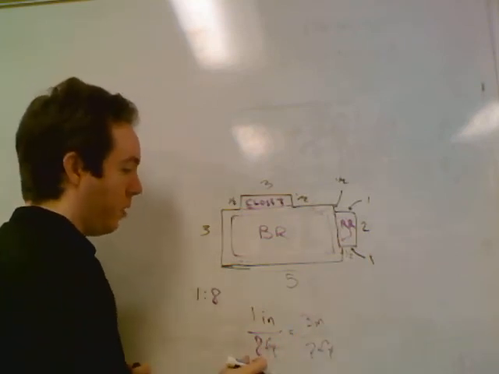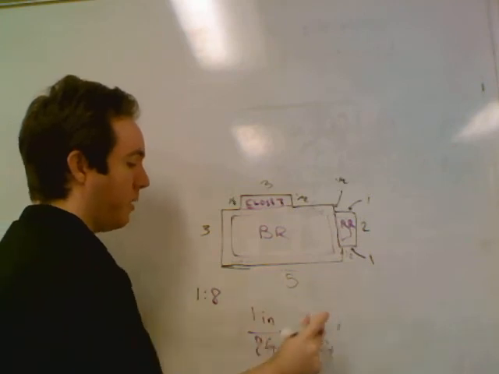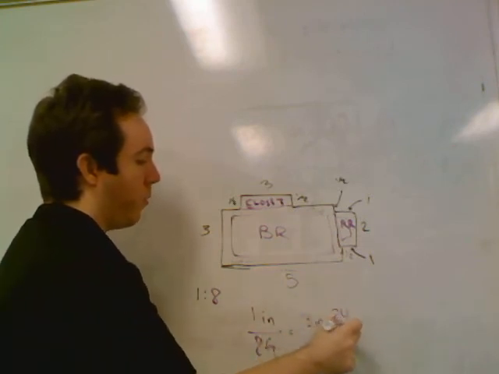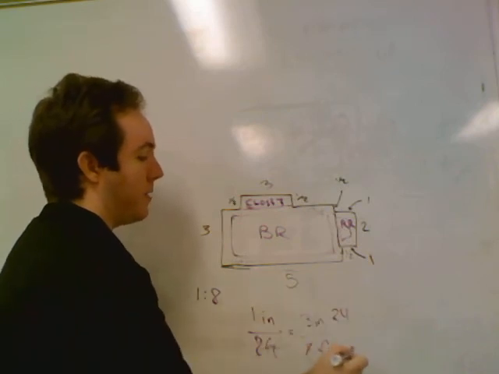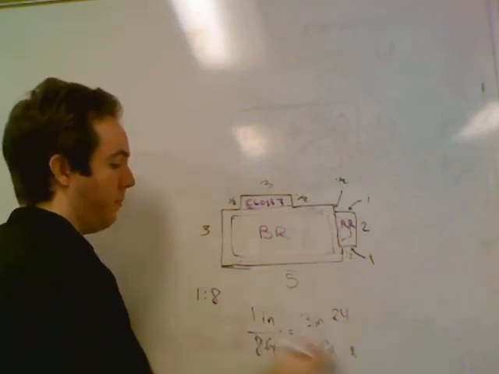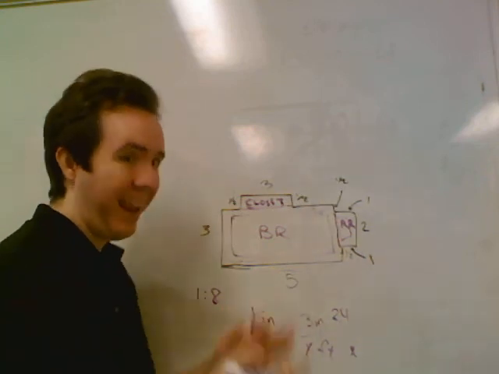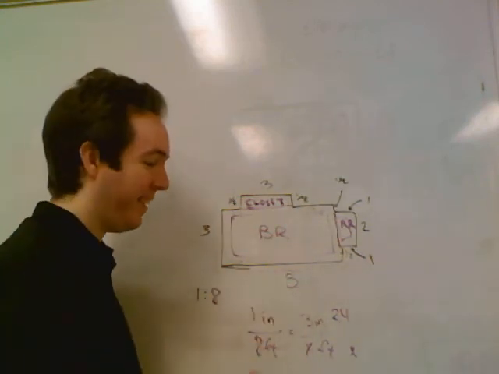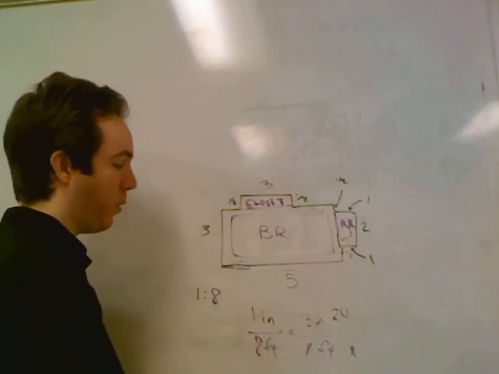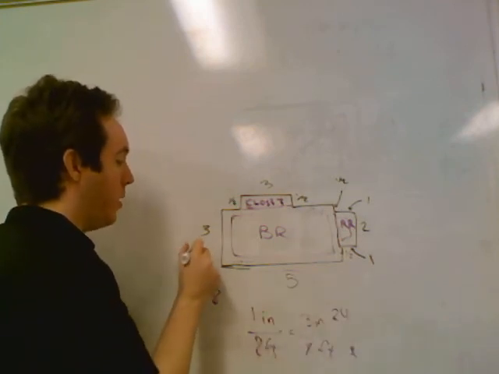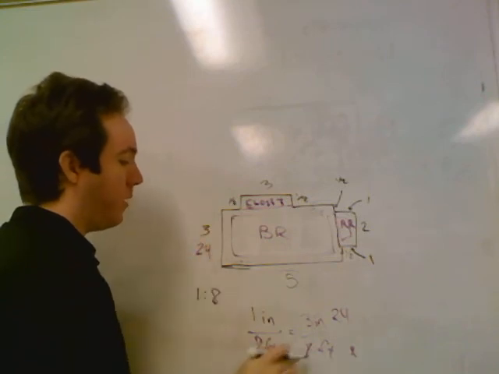Right? So you can multiply here, get 8 times 3 is 24. I'm going to put an x here for consistency. You get 24 here, and 1 times x is x. So I don't have to divide anything. 1x is just x. My x will equal 24. So ultimately, I'm really just multiplying 8 by 3. So this direction will be 24 feet.